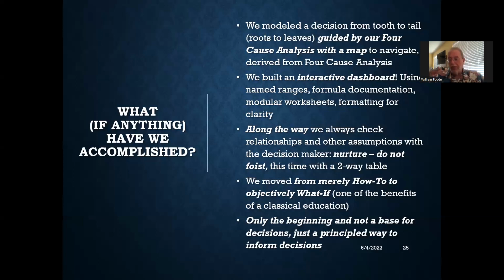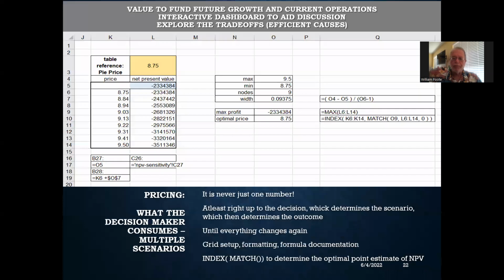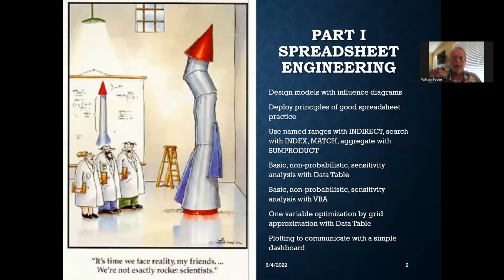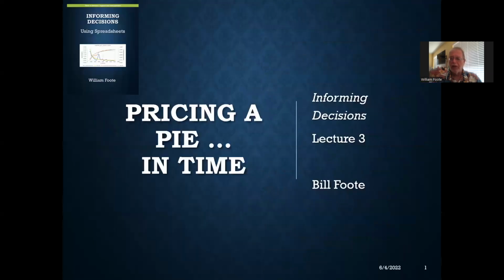Rationally, yeah, but other forces can come in and destroy that hope, which means it has to be very dynamic, not myopic. I have extreme myopia, not myopic. Yeah, we need to make corrections for that, and this is only the beginning. Again, a principled way to inform decisions. There we go, price and pie in time.